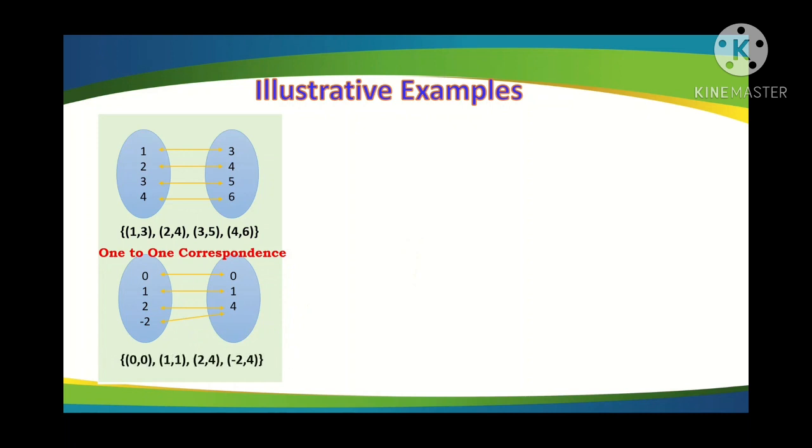And we have the ordered pairs (0, 0), (1, 1), (2, 4), (-2, 4). Since there are two elements in the input set paired to one element in the output set, this is a many-to-one correspondence. These two examples are functions.